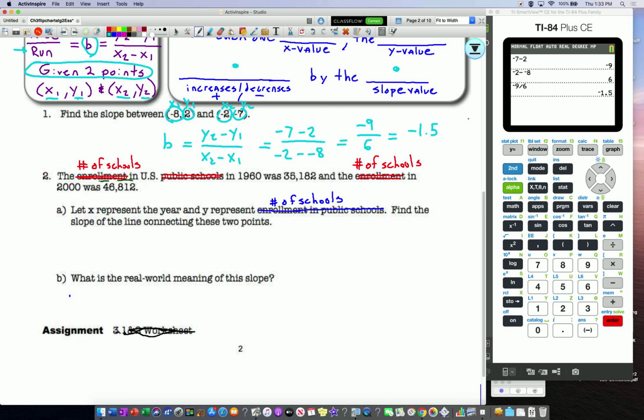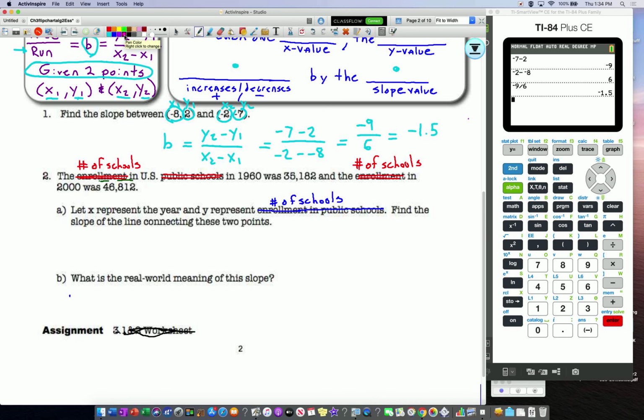It all depends on what things represent. So I might say for each one year, the value of the car decreases by $1.50. That'd be really nice, but I'm just trying to make up a context off the top of my head. Now, giving you a problem in context, let's take a look quickly at number 2.